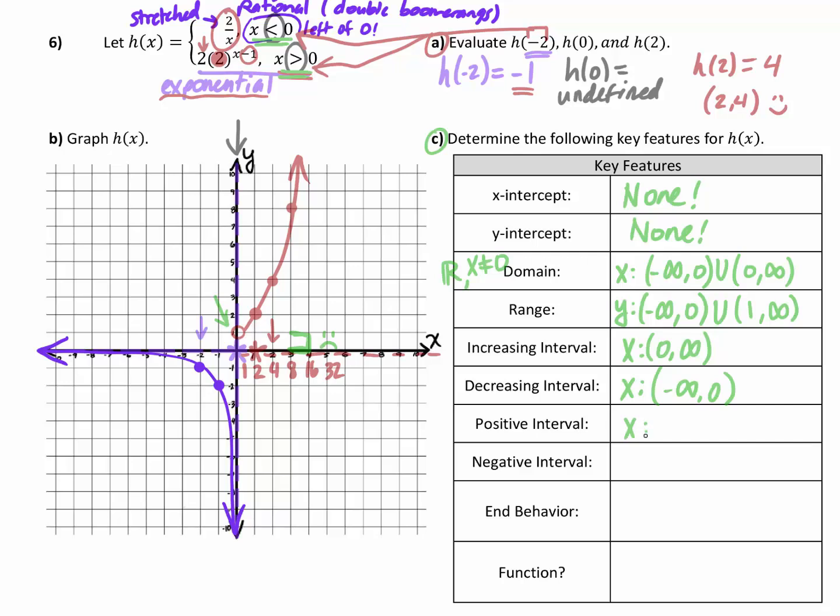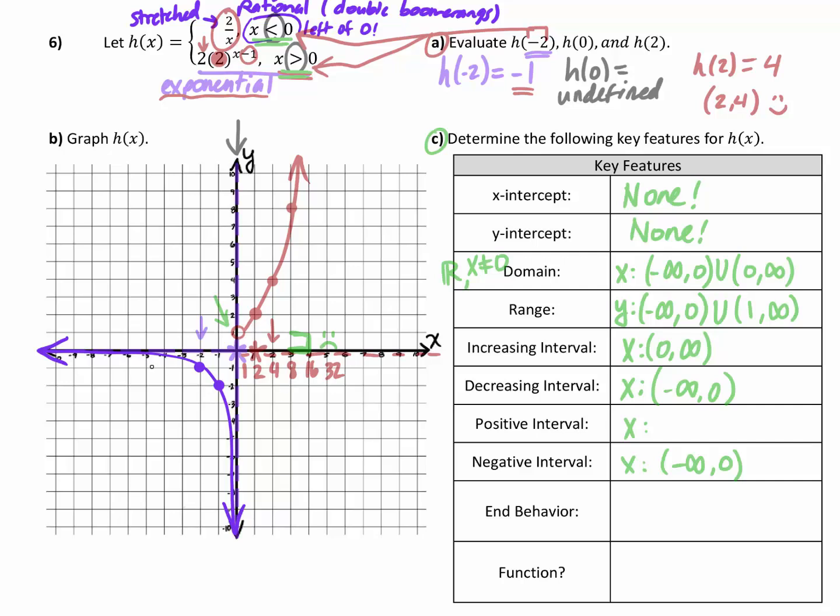The positive and negative intervals. Okay, this is based off of whether or not you are above or below the x-axis. So the first part is all below. So actually, if I wanted to say from negative infinity to 0, we have to include a parenthesis here because of the asymptote and because we're not allowed to actually equal 0.